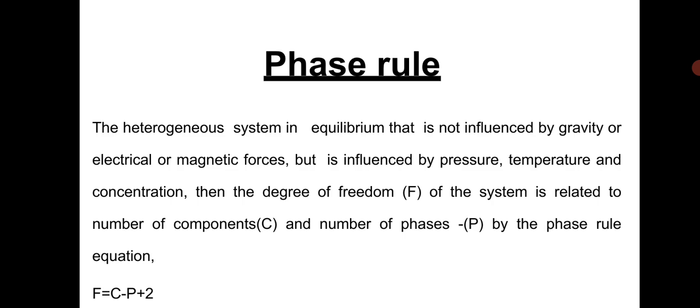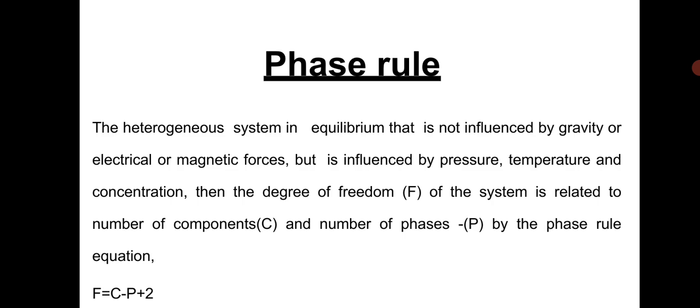Then the degree of freedom of the system is related to the number of components and number of phases by the following phase rule equation, that is F = C - P + 2. That is the phase rule. It indicates that if the equilibrium between the number of phases is only influenced by temperature, pressure and concentration, and not by gravity, electrical or any other forces, then the phase rule is F = C - P + 2.